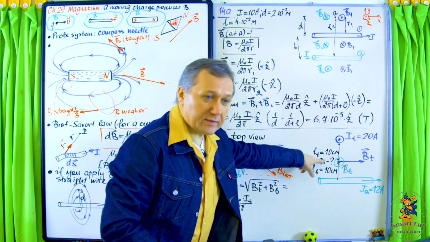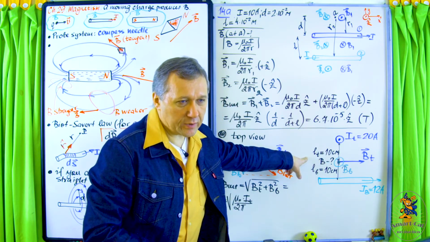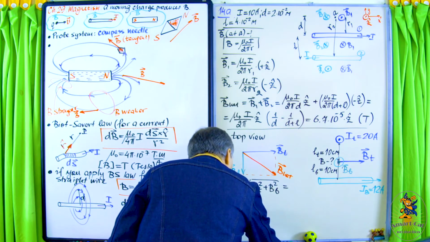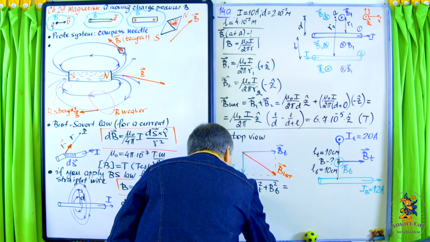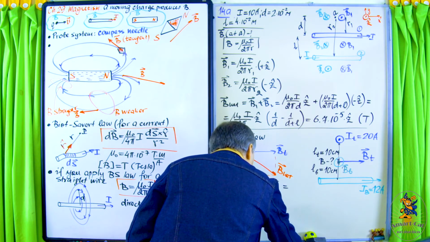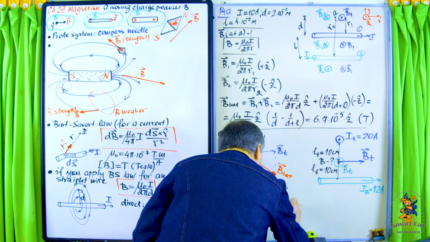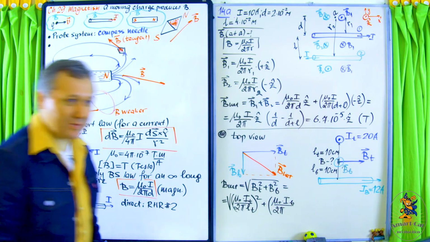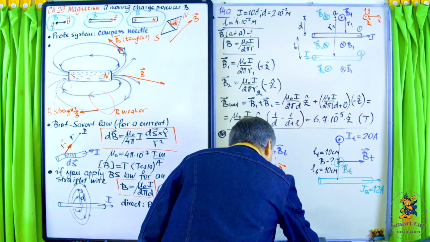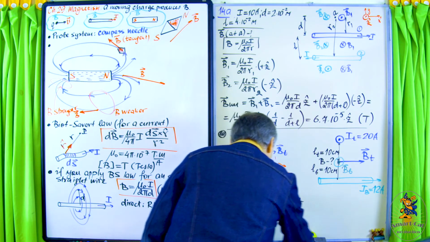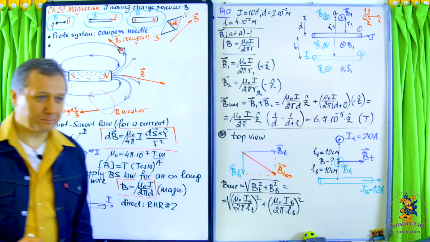Of course, the distances are the same, but let me still use L sub t and L sub b) L sub t, and the whole thing is squared, plus, very similar for the second wire, (mu naught I sub b divided by 2 pi L sub b) squared, and square root.